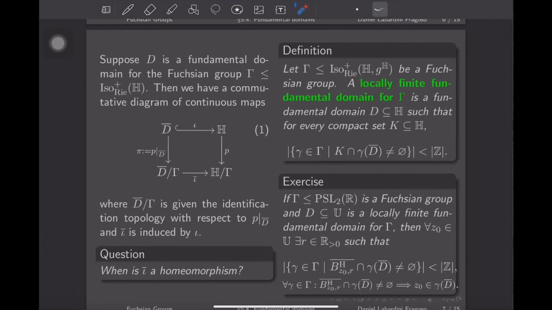And what we are going to see, maybe the main theorem of today, is that the answer to this question is that this iota bar is a homeomorphism precisely when D is a locally finite fundamental domain.